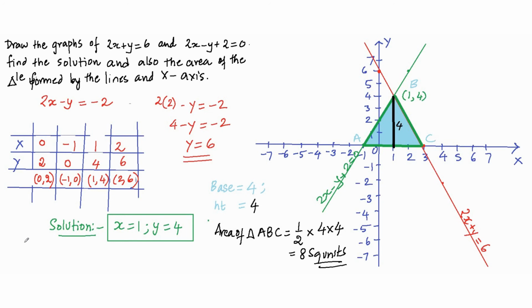That basically gives you the solution to the set of simultaneous equations. And if you wish to find the area of the triangles, you find the base and height graphically, and you find the area of the triangle using half into base into height. So this is how you can go about the graphical method for solving simultaneous equations. I will again pause for a couple of minutes and then I will give you a few problems to solve.